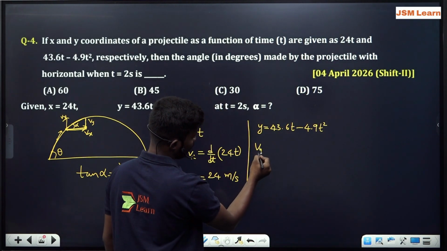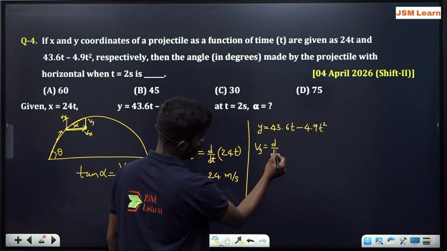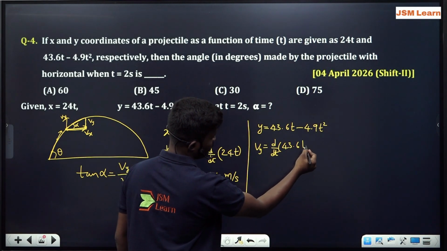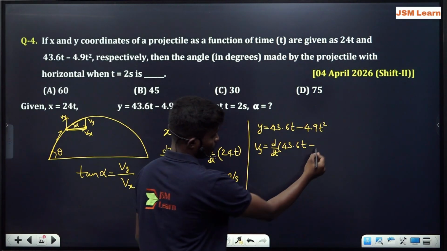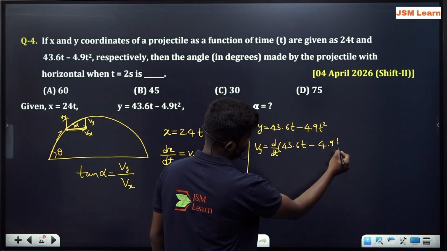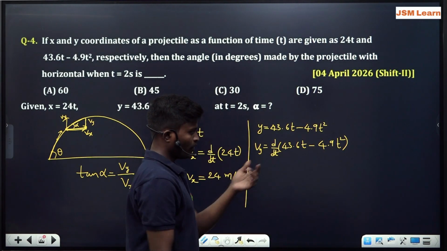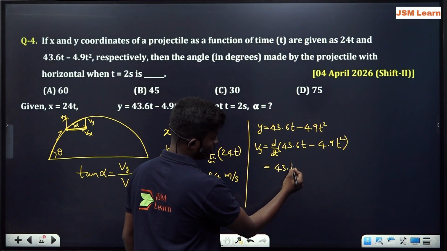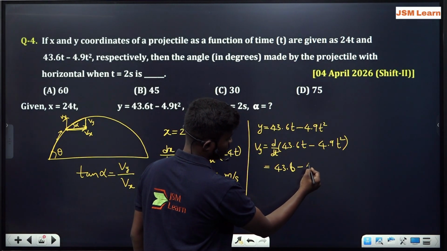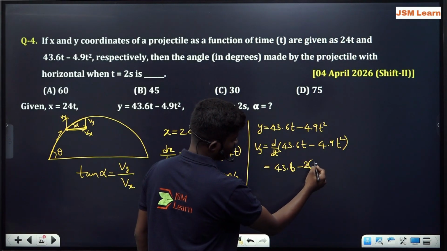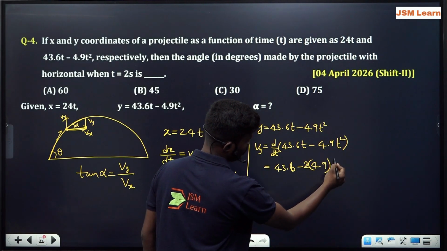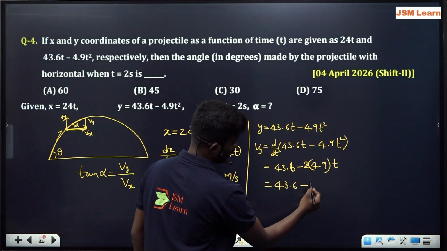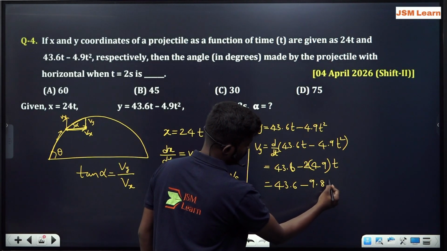So Vy is equal to d by dt of 43.6t minus 4.9t square. If we differentiate this, we get 43.6 minus 2 into 4.9 into t, so this will become 43.6 minus 9.8t.